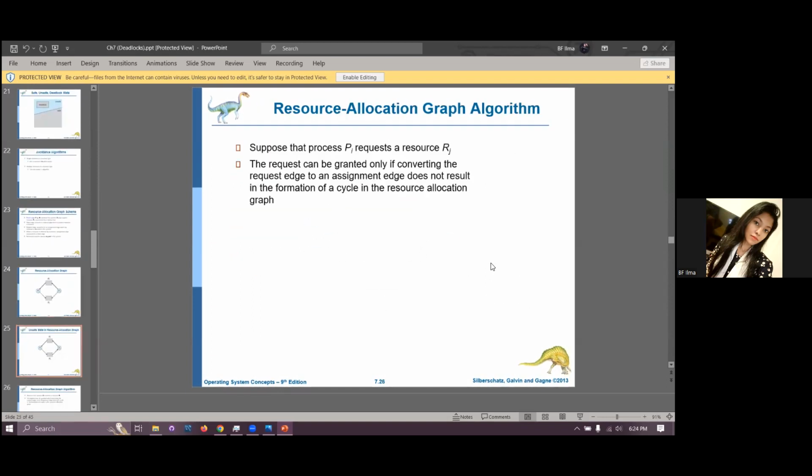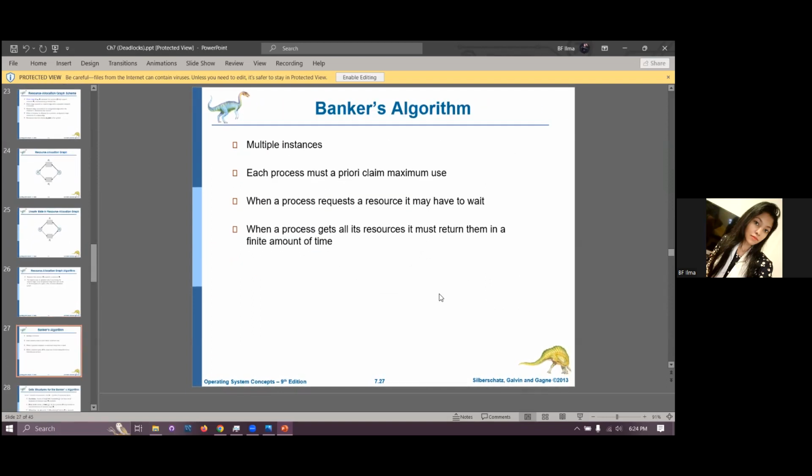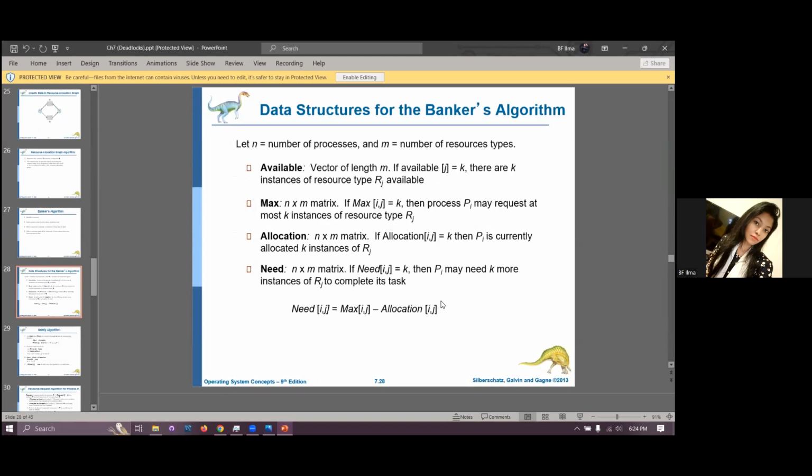One such thing is the Banker's algorithm. As I mentioned, this is one of the algorithms which requires the maximum number of resources a process may need to identify a safe state. It uses these data structures: available, max, allocation, and need.